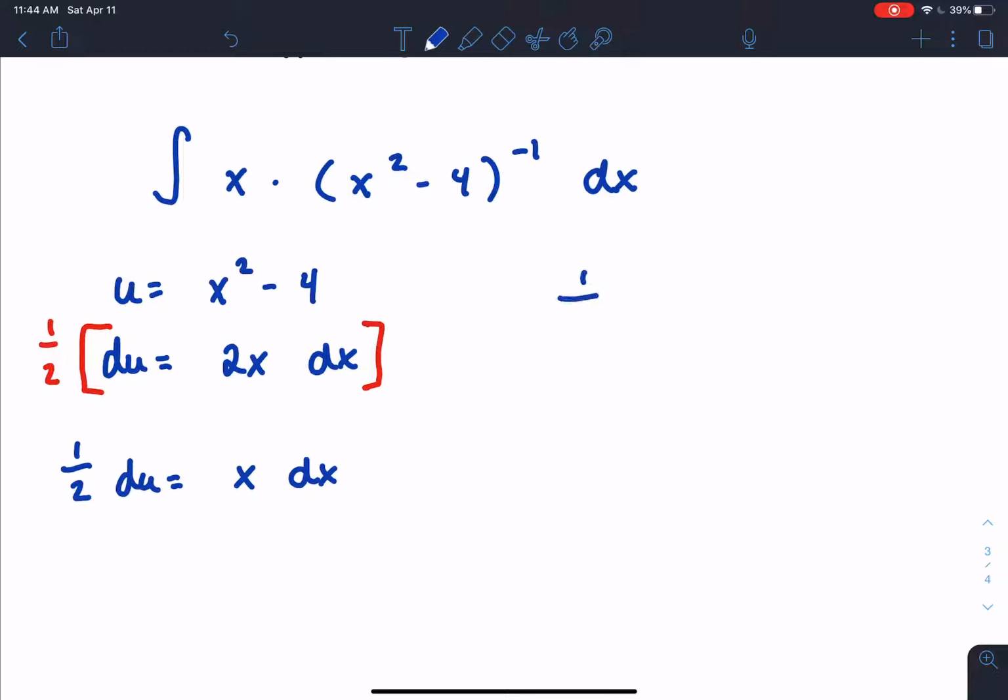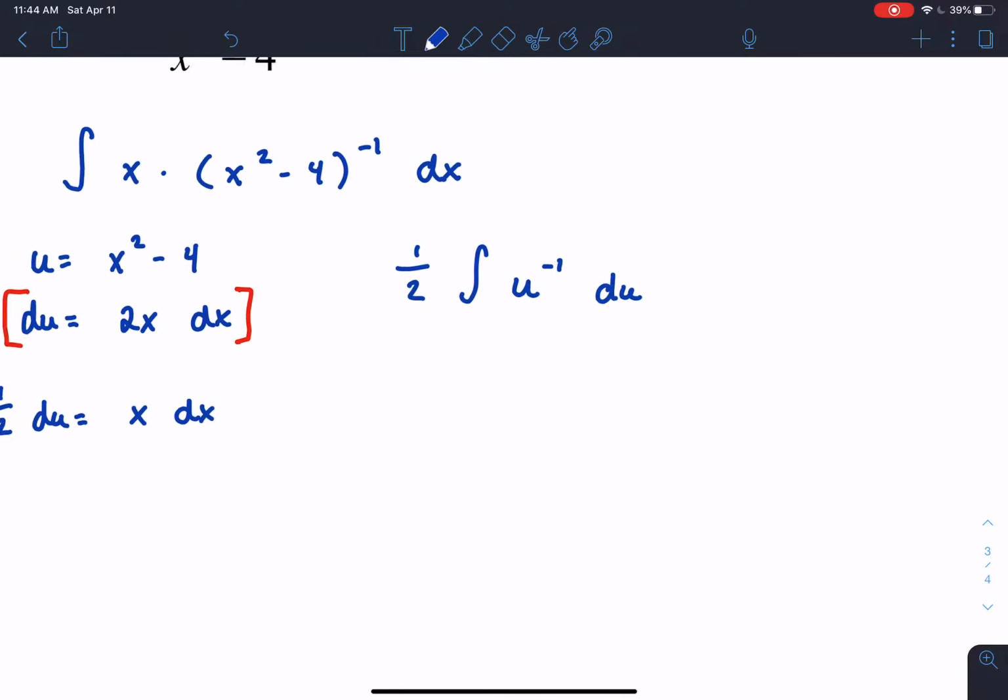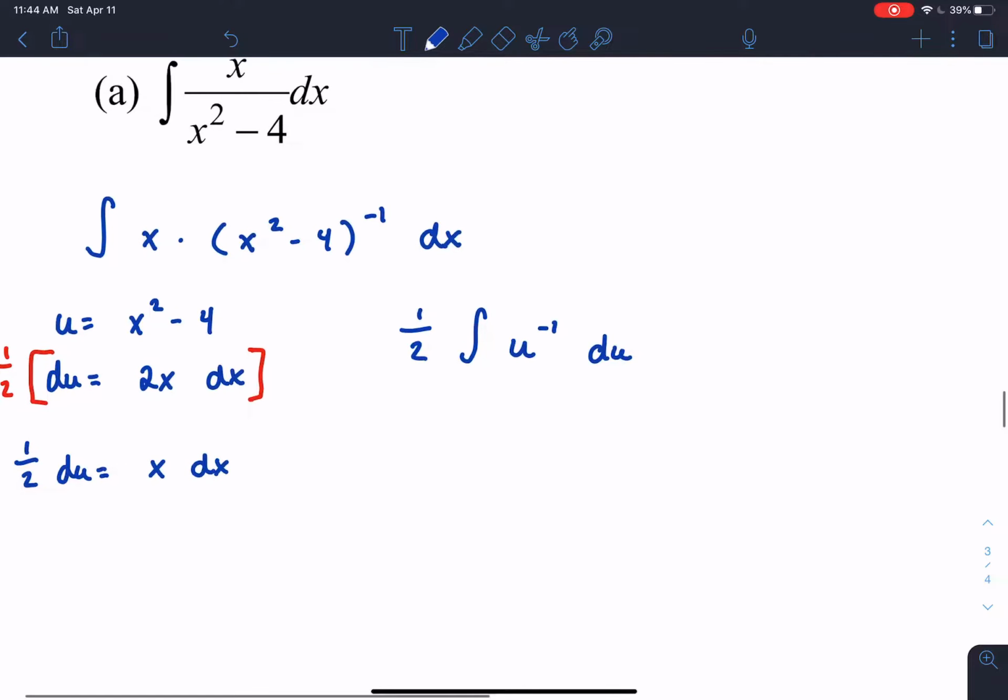So I have 1/2 integral of u to the negative first du. Now remember when we talked about u to the negative first: if you add 1 to your exponent, you're going to get u to the 0 over 0, which doesn't exist. Anytime you're integrating something to the negative first power, it becomes ln.